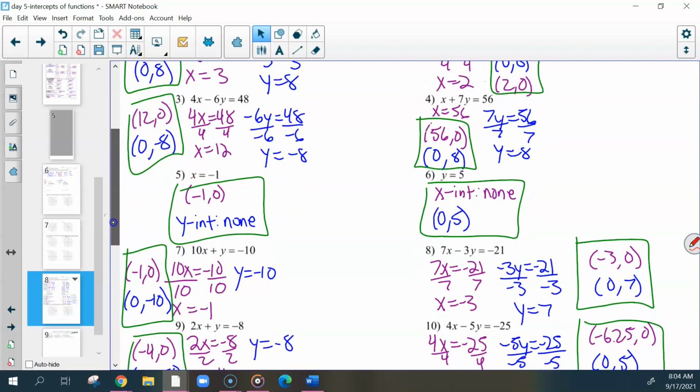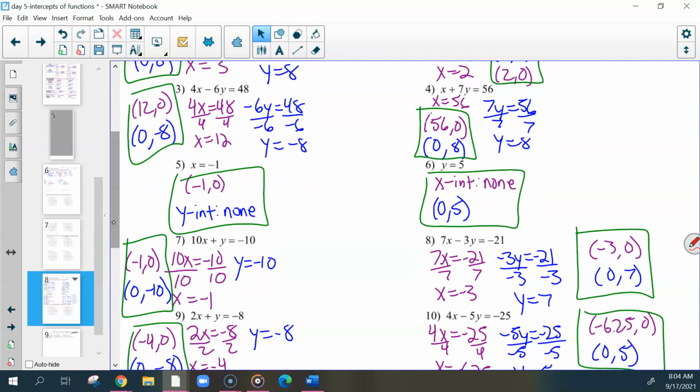For number 3, x-intercept was 12, y-intercept was -8. Number 4, x-intercept was 56, y-intercept was 8.